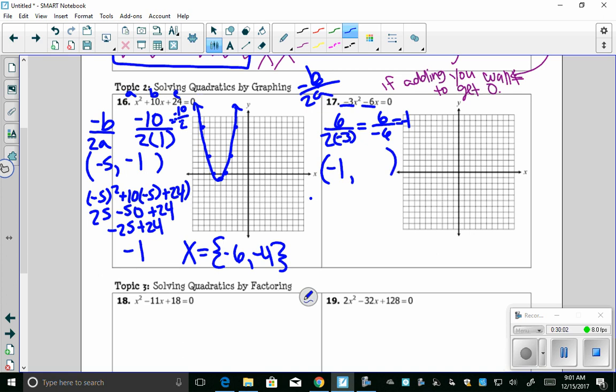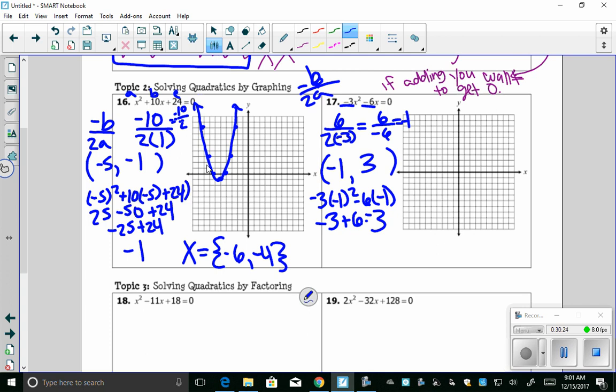Plug it in. Negative 3 times negative 1 squared minus 6 times negative 1. Well, negative 1 squared is positive 1 times negative 3 gives me negative 3. Negative 6 times negative 1 gives me a positive 6. So that negative 3 plus 6 gives me 3. So 3 goes right there.